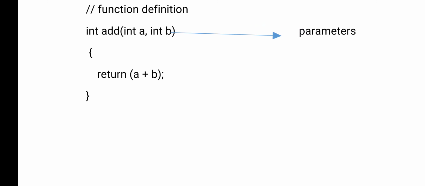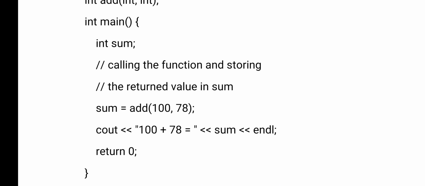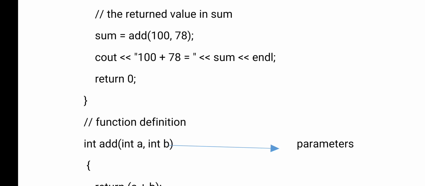When this line comes, sum equals to add 100 comma 78, 100 is stored in a and 78 is stored in b. When the function is called, at that time control comes to this function, and only then the values are substituted in this.